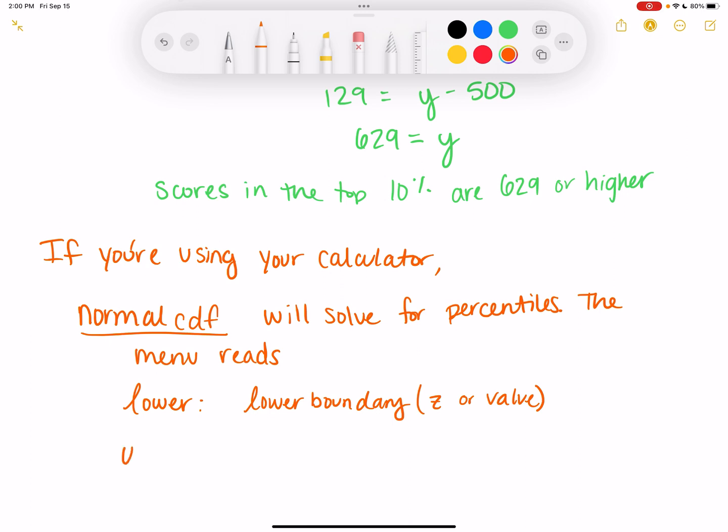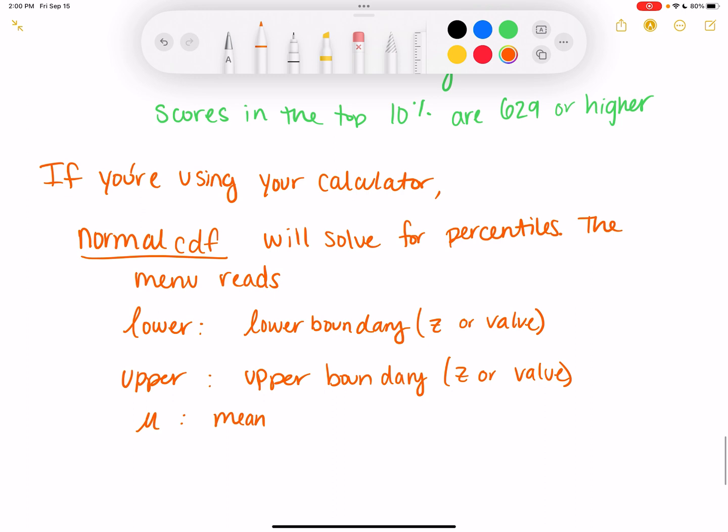Upper is the upper boundary, so Z or the value. Mu is obviously the mean. Sigma is your standard deviation. If it doesn't give you that information that you need, you would use 0 and 1 for mean and standard deviation.